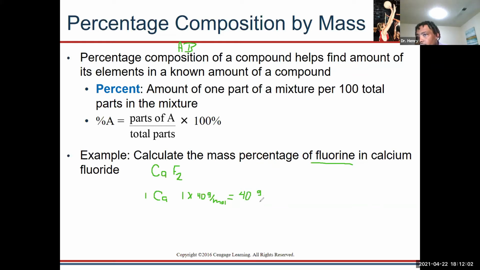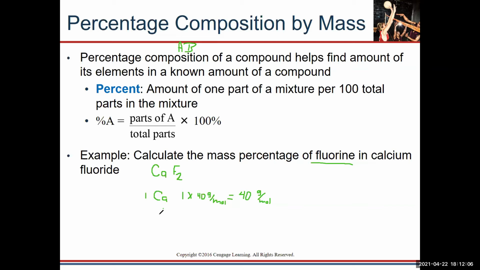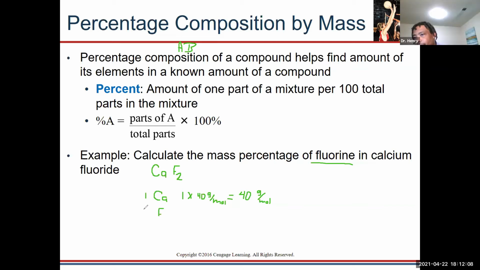And fluorine? It's 19. And how many of those do we have? 2, so 38. So 2 times 19. Okay, we add them together.